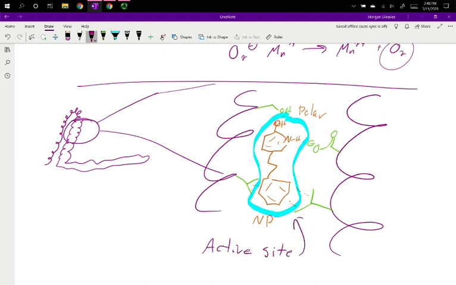An active site is the spot on the protein where the molecule will stick and reactions will happen, on our enzyme. So most of this molecule, all of the rest of that protein, or that enzyme, isn't doing the reaction.